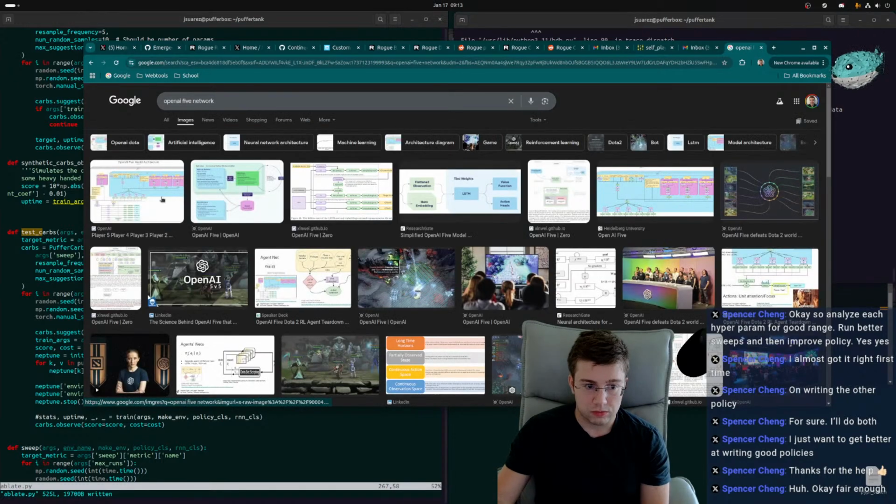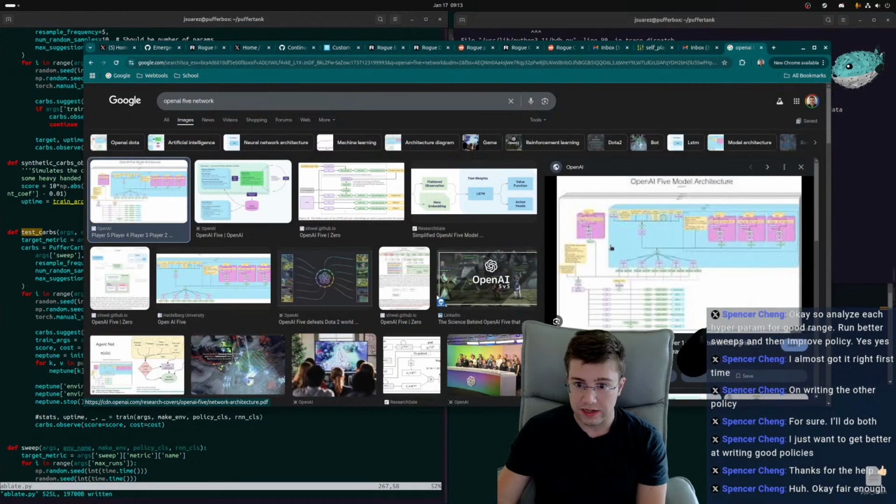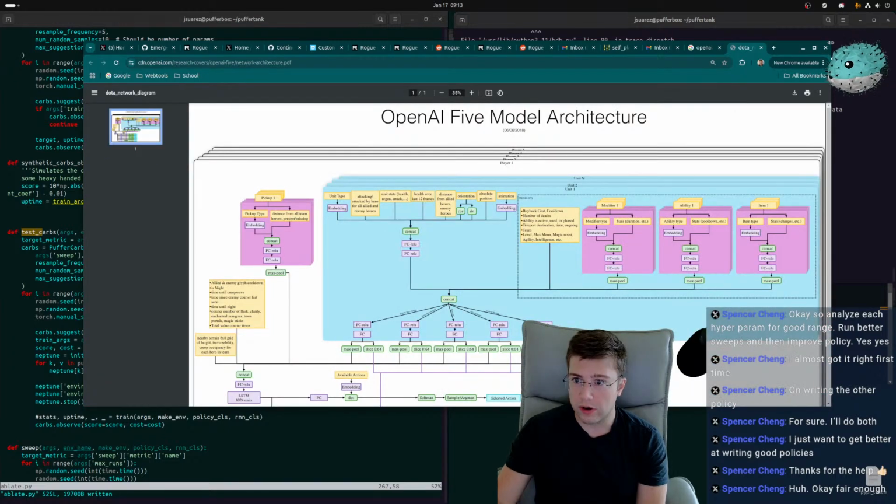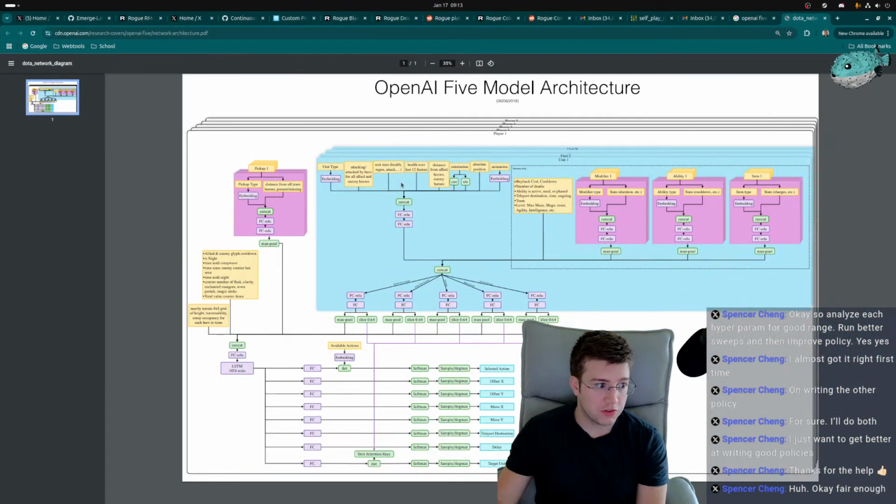Okay, so I think a lot of the motivation to try to get good at policies comes from stuff like this, where it's like, oh man, look at the policy that was used in OpenAI 5. This is a complicated policy that was written by people that really know what they're doing.